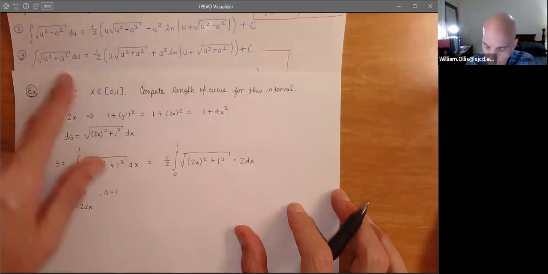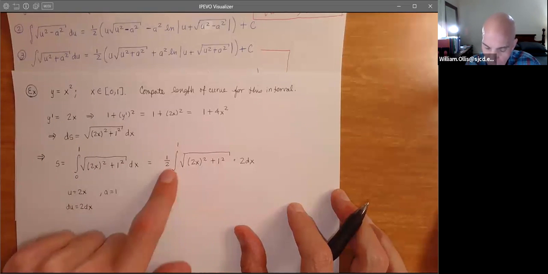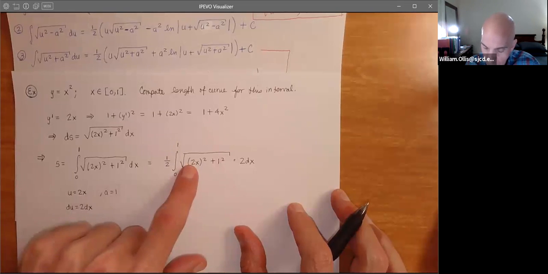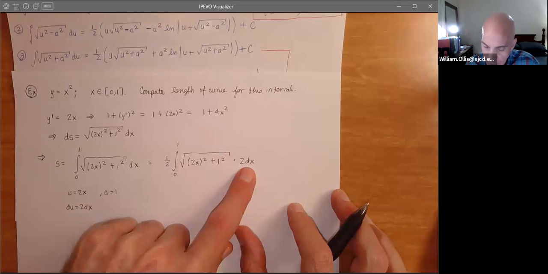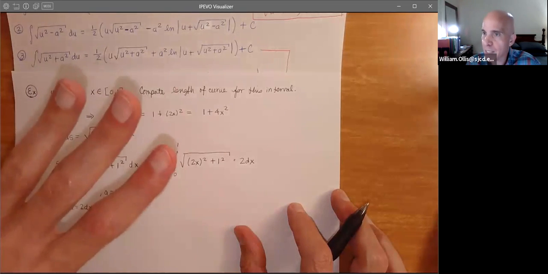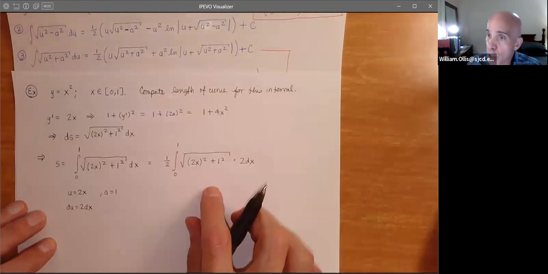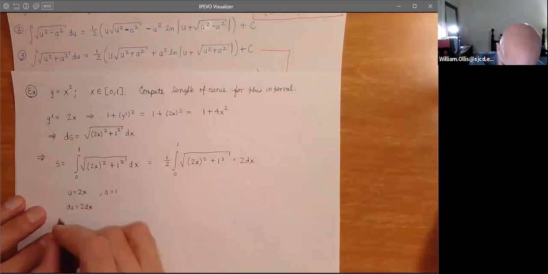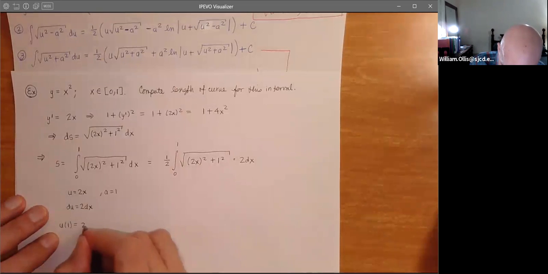That is, note here, this is ready to go. We have, in this case, u is 2x, a is 1. We've got the du, so this can be completely transformed into the u integral, just like we did with the trig integrals. So let's get our new limits. So u of 1 will be 2 times 1, or 2, and u of 0 will just be 0.